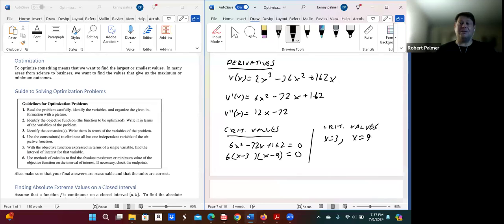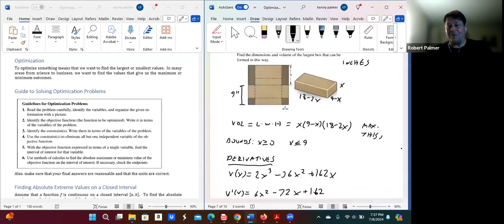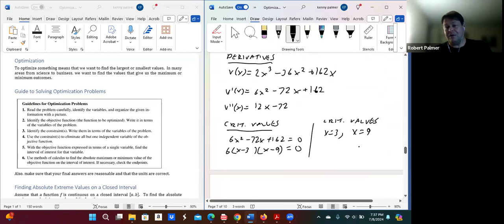Okay. But as we said a minute ago, we can't really use 9 as a possible maximum or minimum value. So this one is not allowed for application. It is a critical value of this function, but for application, we can't use that.